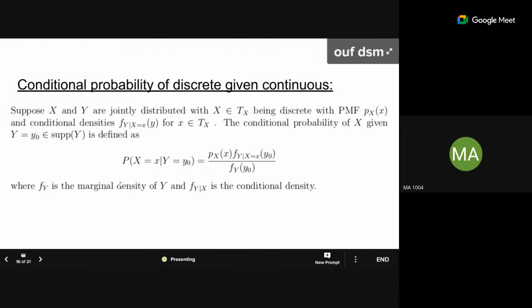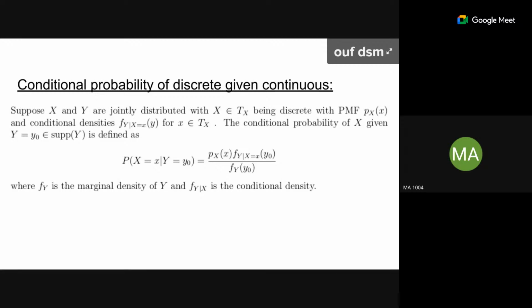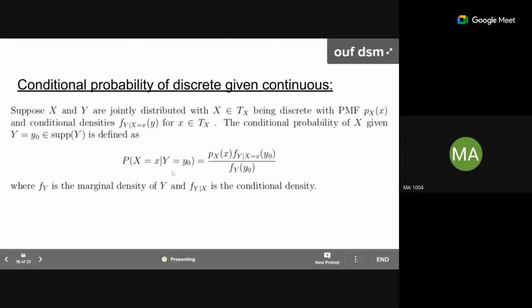Now, if y is a continuous random variable, then tell me what is the probability that y is equal to y naught? Zero. But still it's making sense here. Why?